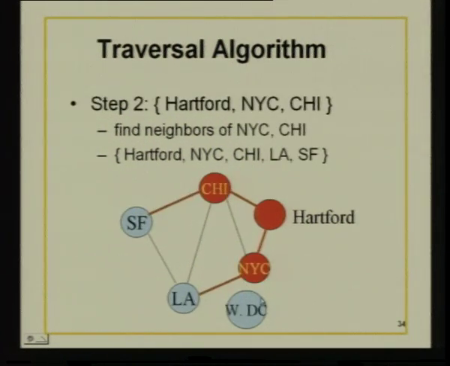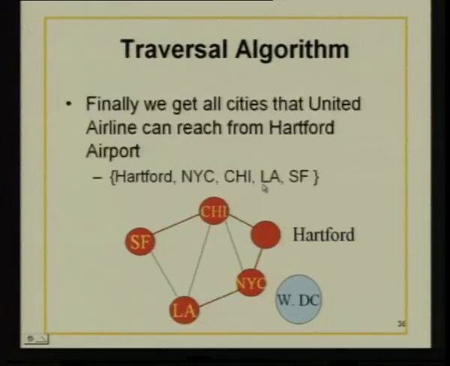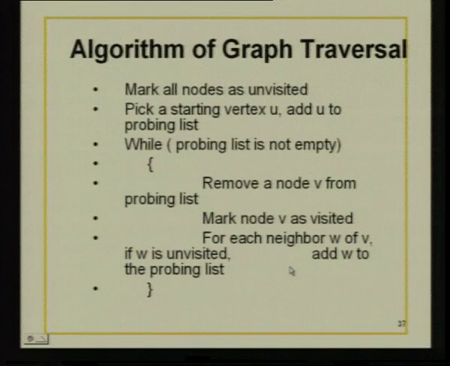Please note you are finding the neighbors and you are putting a node in the list only if it is not already there. So, finally, you land up with this and find the neighbors of LA and SF. There are no other new neighbors. Okay. So, finally, we get all cities that United Airlines can reach from Hartford Airport by that algorithm, which is called the graph traversal algorithm.